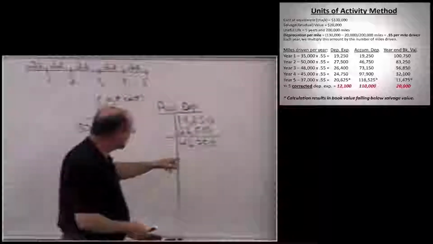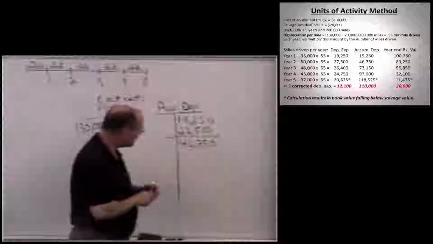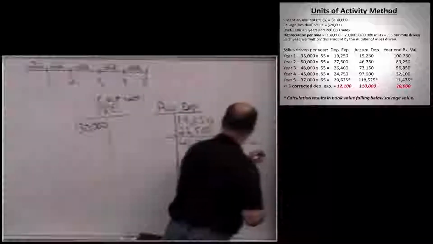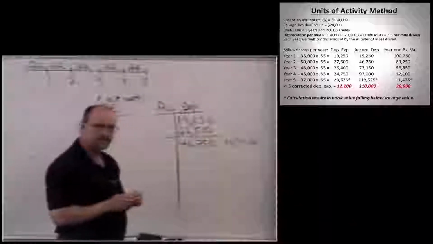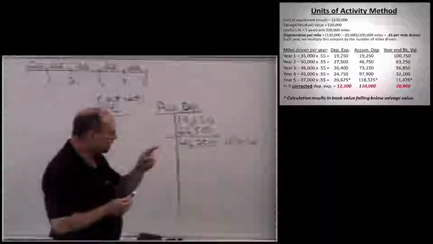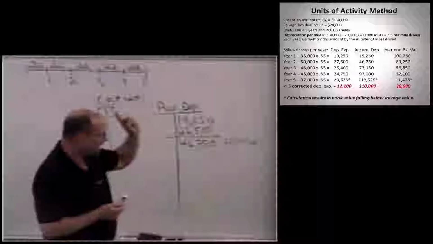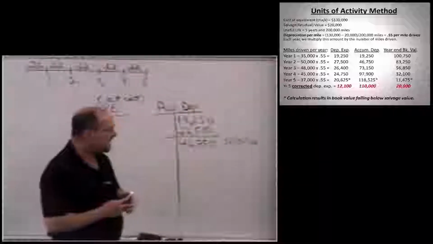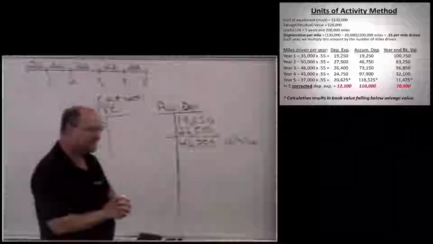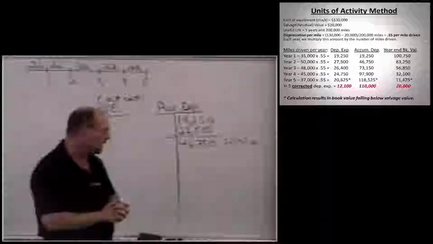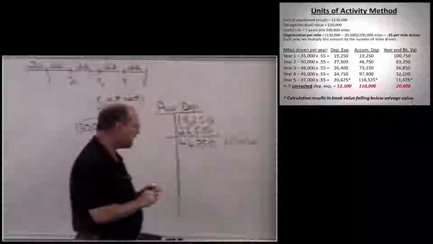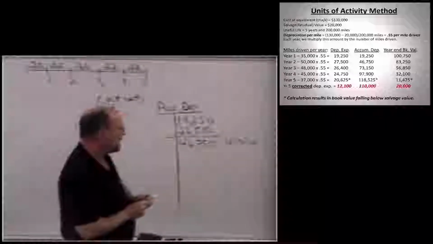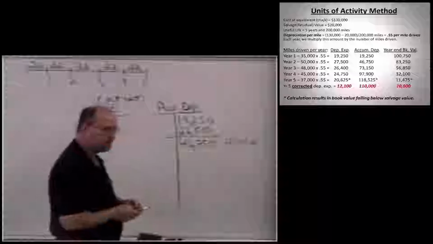Our accumulated depreciation at the end of year two, 12/31/02, is 46,750. And then our book value, cost of 130 minus accumulated of 46,750, is 83,250 at the end of year two. Year three, multiply 48,000 miles, the miles we drove, times 55 cents, and we get depreciation of 26,400.